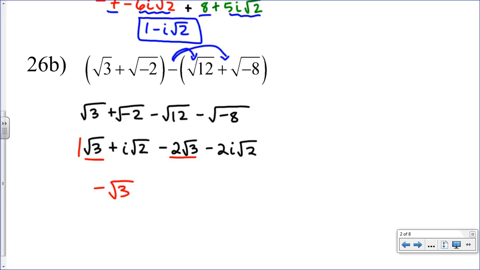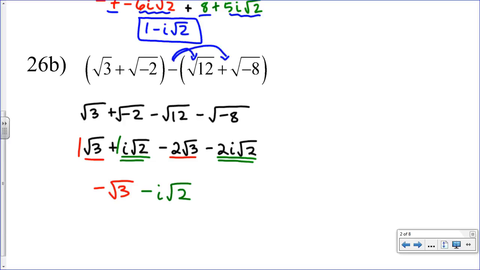That's the real part. Now I look at my imaginary parts. Is i square root of 2, is this a like term? Can I combine those? Yes. So 1i square root of 2 minus 2i square root of 2, negative 1i square root of 2.